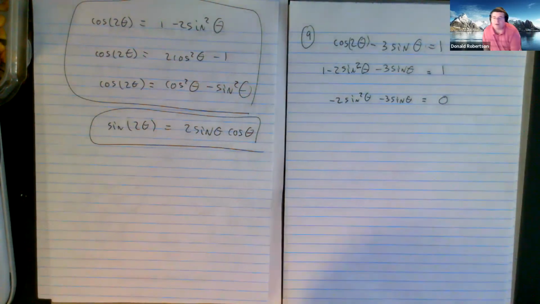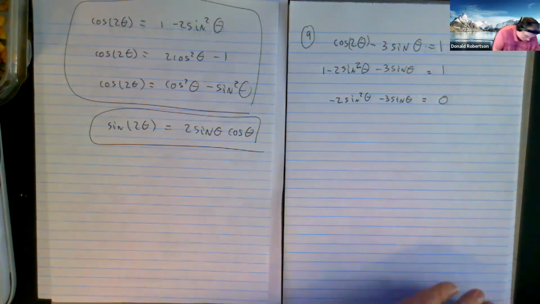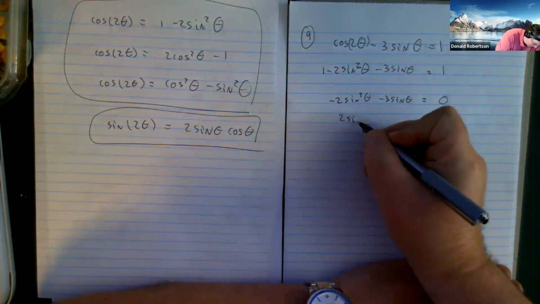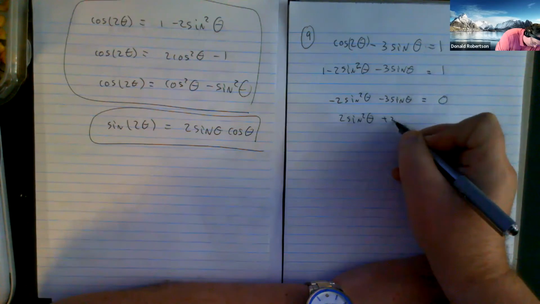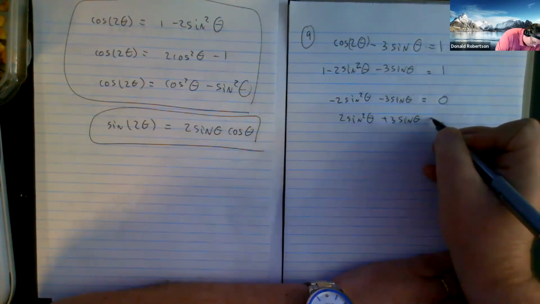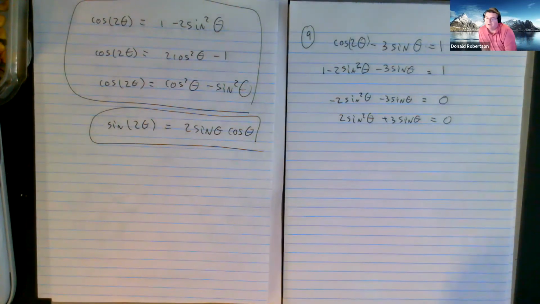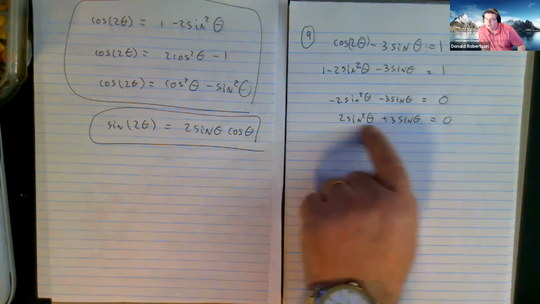Not the only way to do it, but I would do it that way. Now, I do not like negatives. They're just a pain in the butt and they make mistakes. So I'm going to multiply both sides by -1, which essentially does that. Are you okay with that? And when you agree, that's just easy to work with.